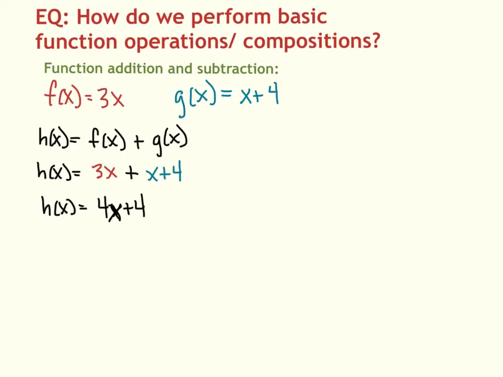Now, if you think about the function 4x plus 4, that's just a line, right? It's a line with a positive slope. So what's the domain of this line? The domain is all the places that the x's exist, right? So you could plug in any number from negative infinity all the way through positive infinity. You could plug in any number into x, and you would get a y value.